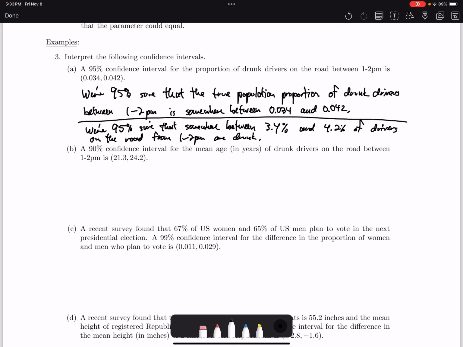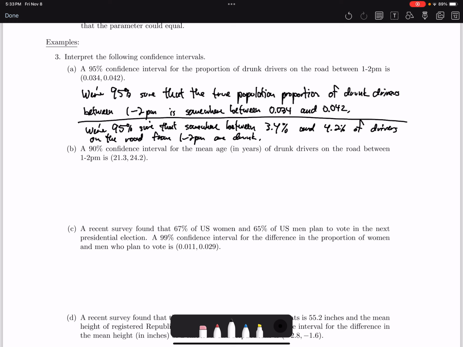Part B asks us to interpret a confidence interval for a mean. It says a 90% confidence interval for the mean age in years of drunk drivers on the road between 1 and 2 p.m. is 21.3 to 24.2. Again, there are different ways that you could word this interpretation. I'm not going to give you multiple ways on all of these. I'll just give you one.